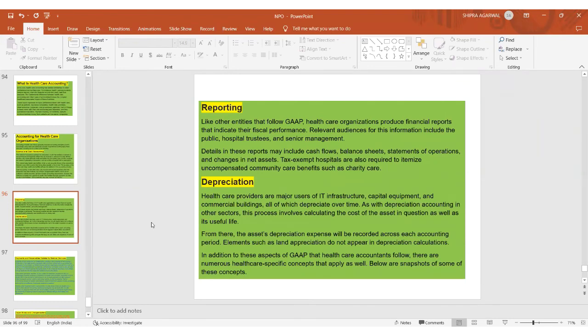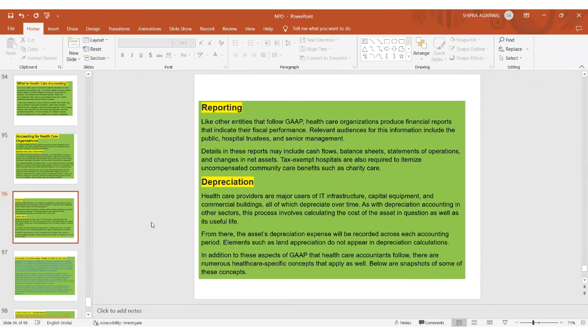Then at the same time, even the depreciation has to be taken care of. As I told you, depreciation is to be allowed on all the assets that you are using in your business, except for land. If I talk about the hospital industry, the healthcare providers use very up-to-date, hi-fi IT infrastructure equipment, capital equipment, commercial buildings, and all these things depreciate over time.